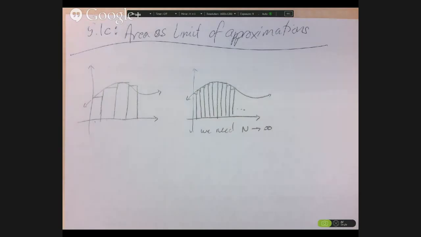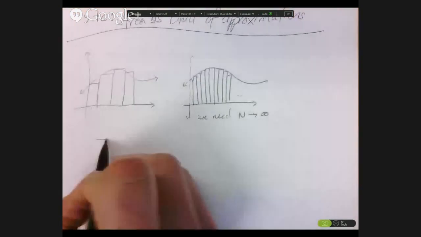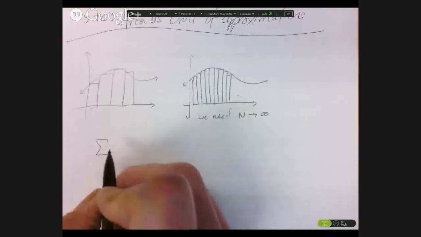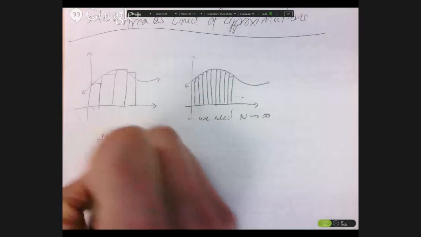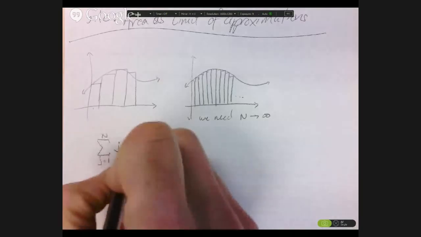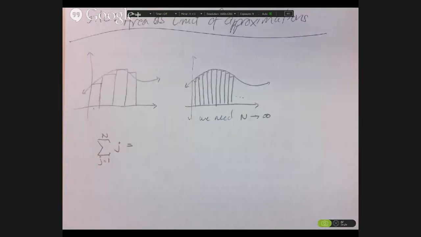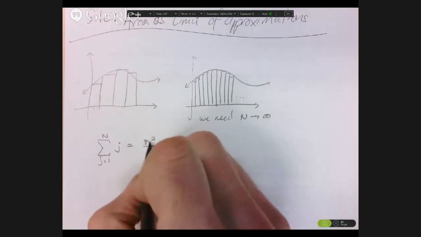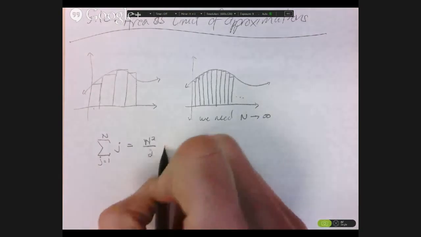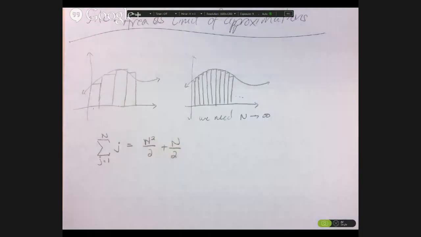So the first thing you want to see is we have to express our sums in terms of n somehow, because n is not going to be a number anymore. n is going to be headed towards infinity.